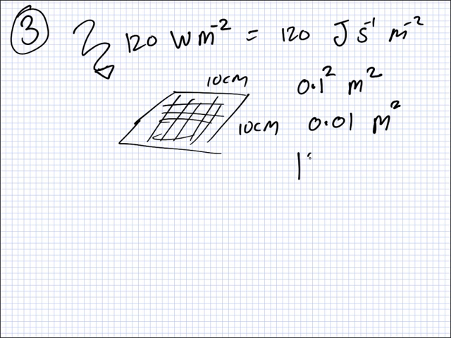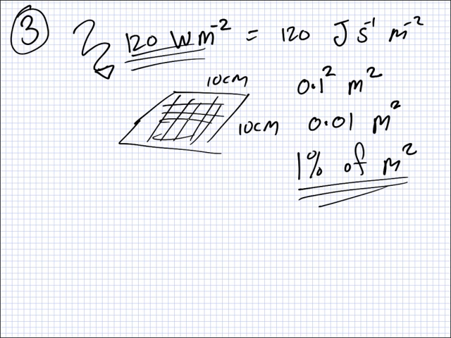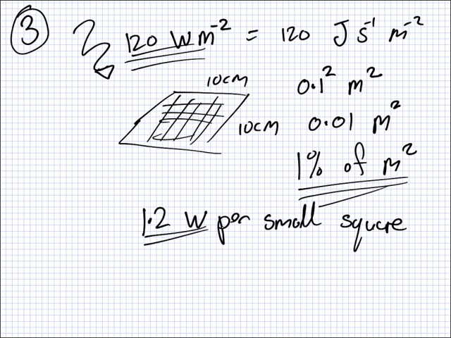So I have 1% of a meter squared. That means I should get 1% of this energy. So I think it will be 1.2 watts per small square. 1.2 watts, I reckon.